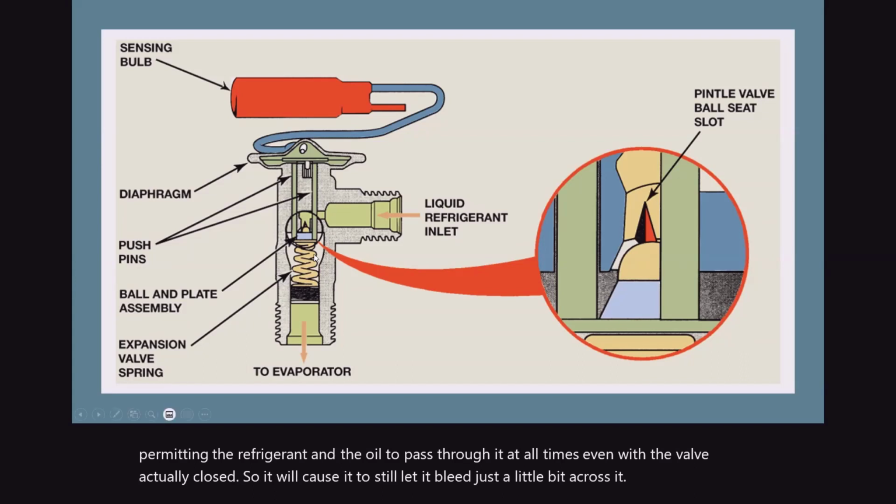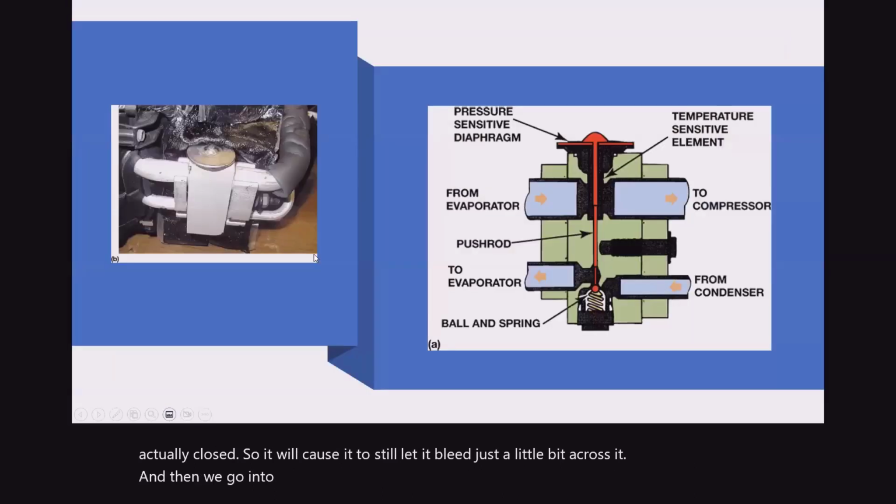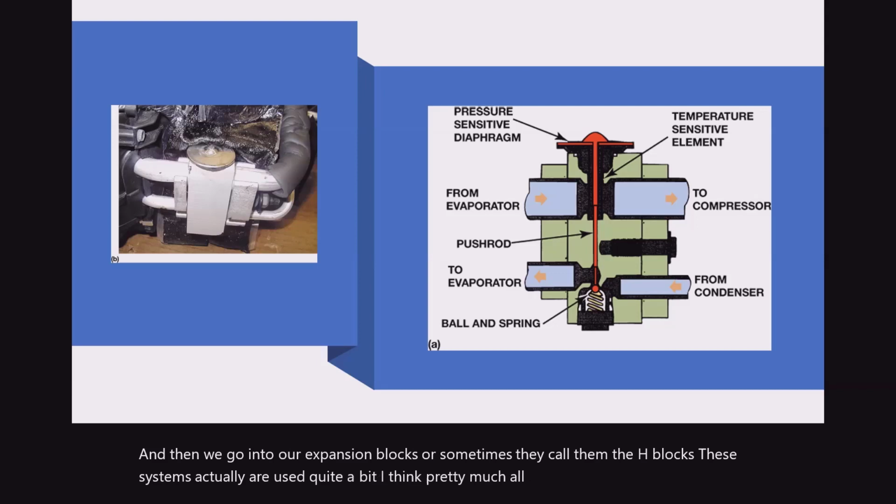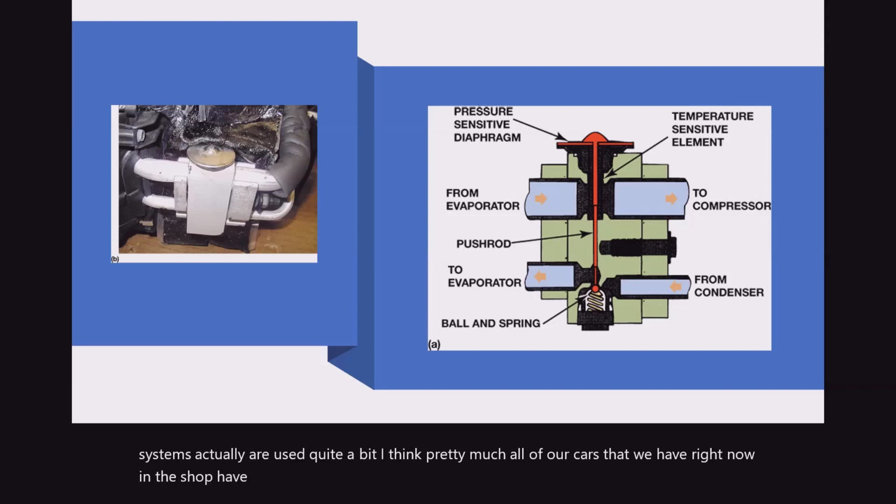And then we go into our expansion blocks, or sometimes they call them the H blocks. These systems are used quite a bit. I think pretty much all of the cars we have right now in the shop have the expansion blocks, which, you can see that they work very well.